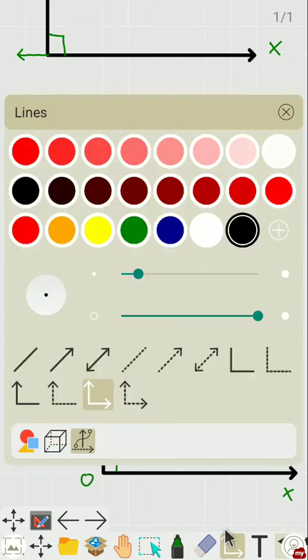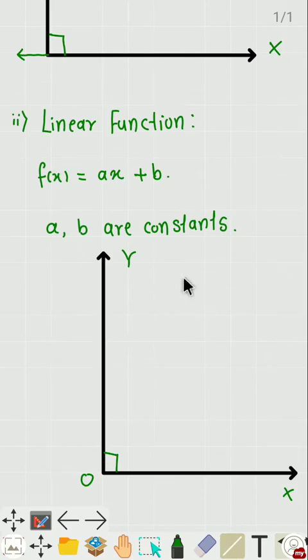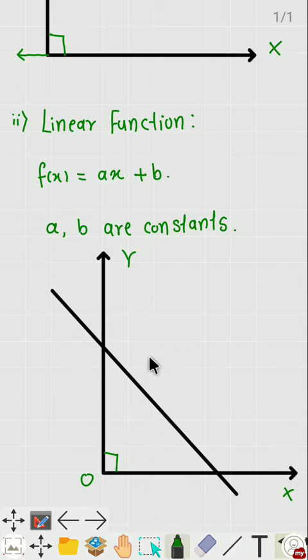The graph is a straight line crossing the x-axis and y-axis, and the equation of that line is y is equal to ax plus b. So this is our linear function.